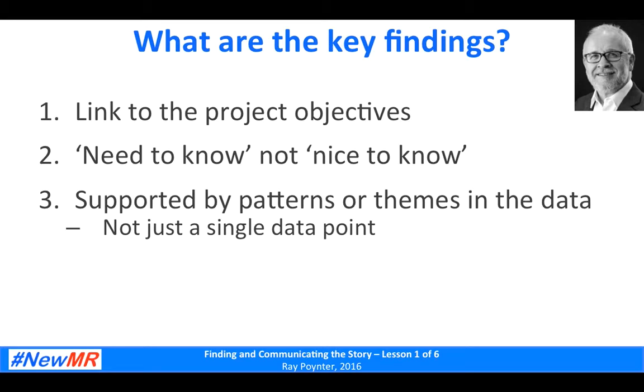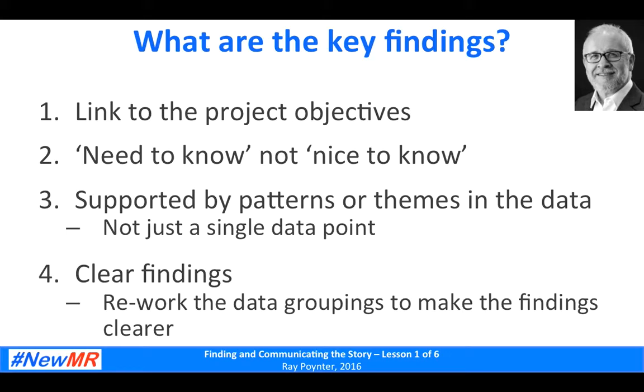You're looking for things that are supported by patterns or themes in the data, not a single verbatim or a single comment. If you can see a single data point that you think is really relevant, then you have to hunt through all that other information we talked about, all those other sources, to try to do some triangulation to establish that it does represent a theme or a pattern.